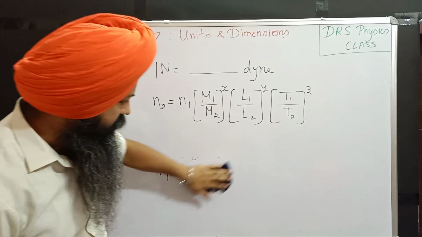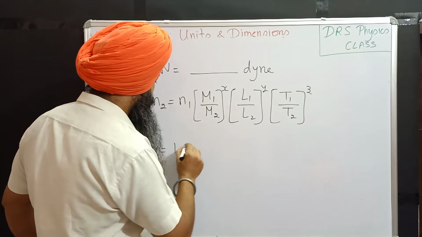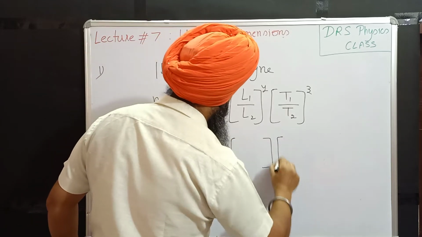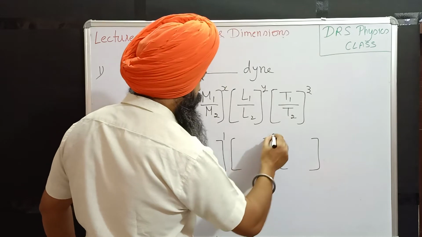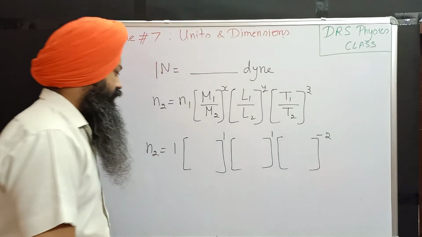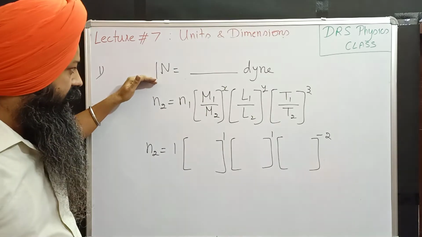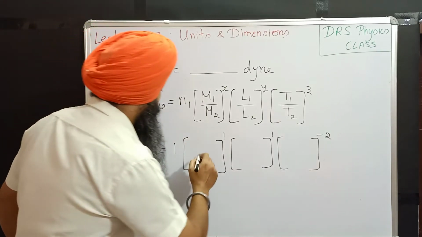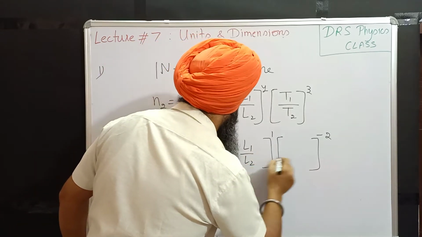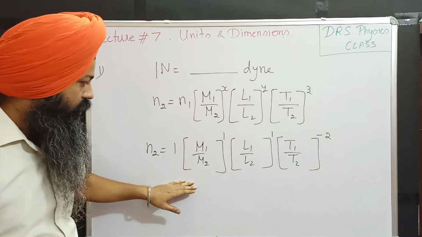So putting these values in this equation, N2 is 1, x is 1, y is 1, z is minus 2. What is M1? M1 is the first system of units, the SI system of units. So it is clear up to this point. Now what is M1 here?